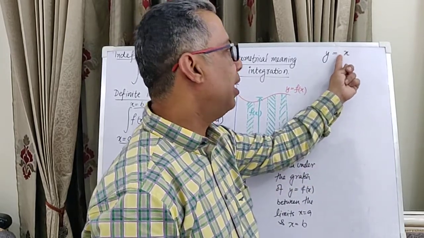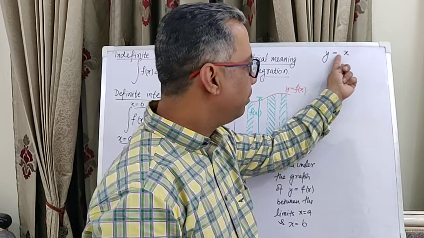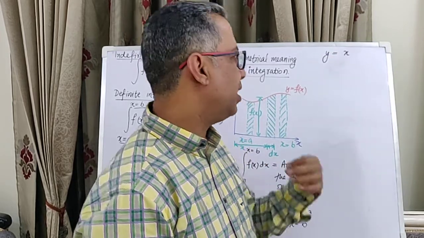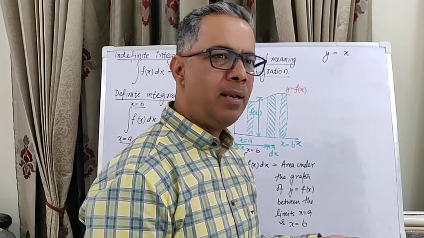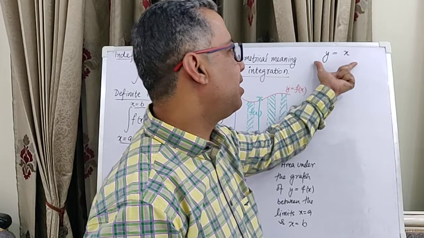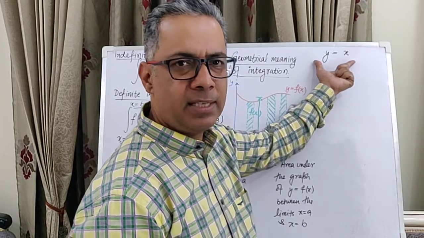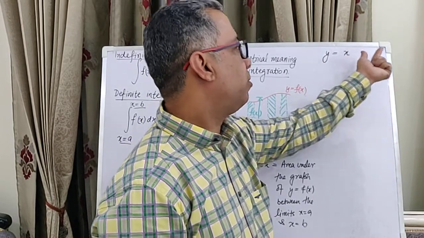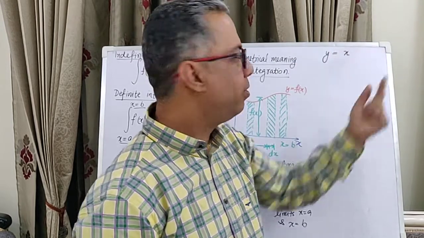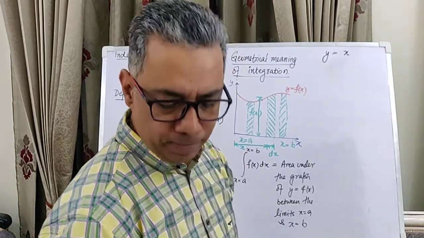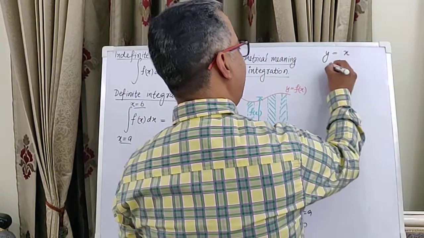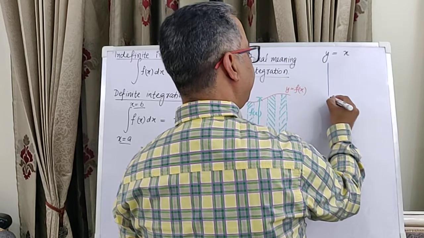Here m is 1, so the slope is 1, which means tan theta is 1. When tan theta is 1, theta must be 45 degrees, so this line makes an angle of 45 degrees with the x-axis. What about the y-intercept? Here the y-intercept is 0.